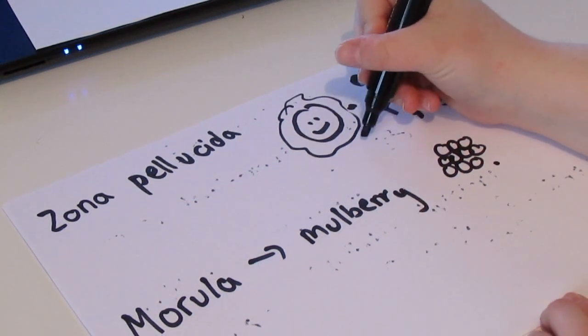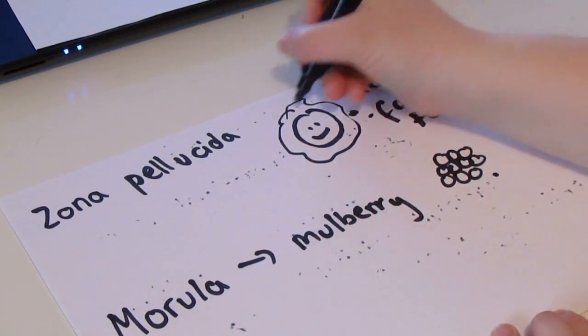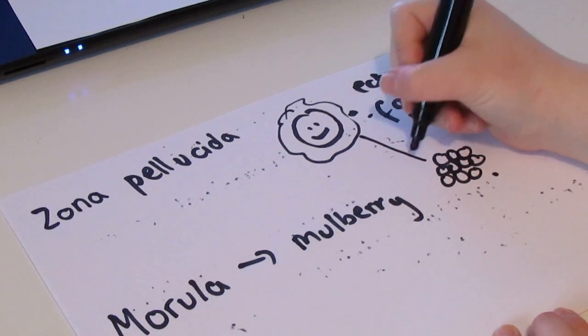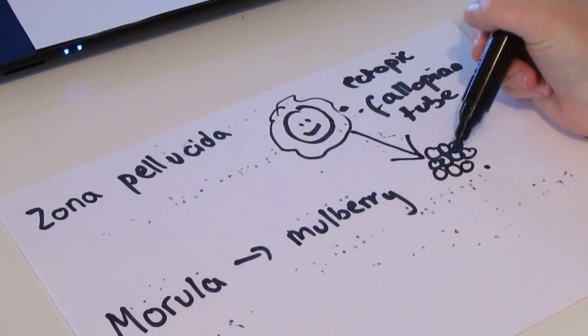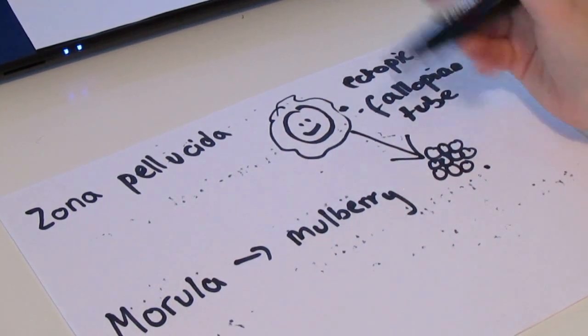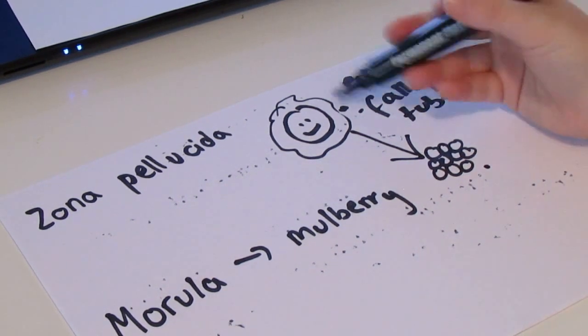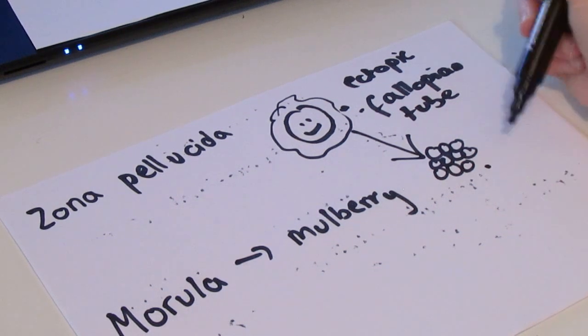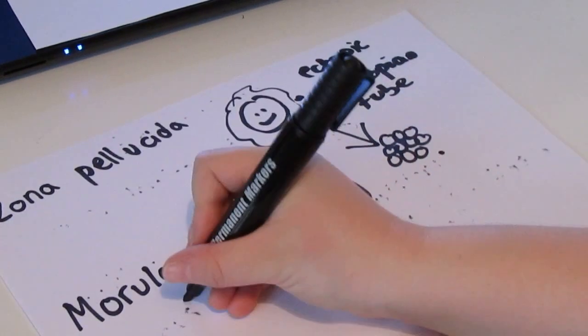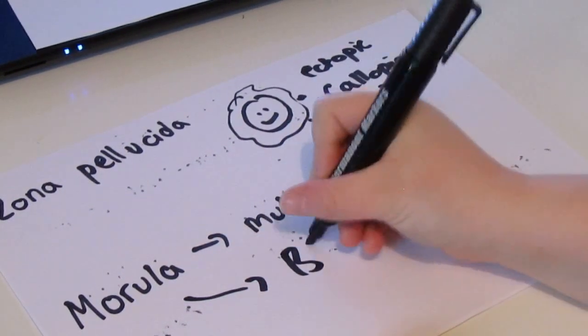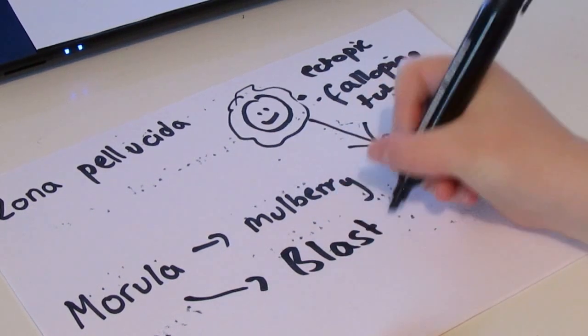So here's our little fertilised oocyte, and here's the zona pellucida, and mitotic divisions of this forms the morula. And the morula is very important because the morula is going to form our blastula.